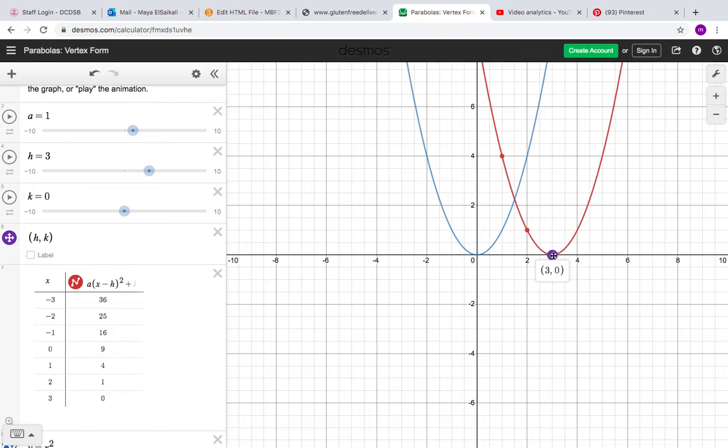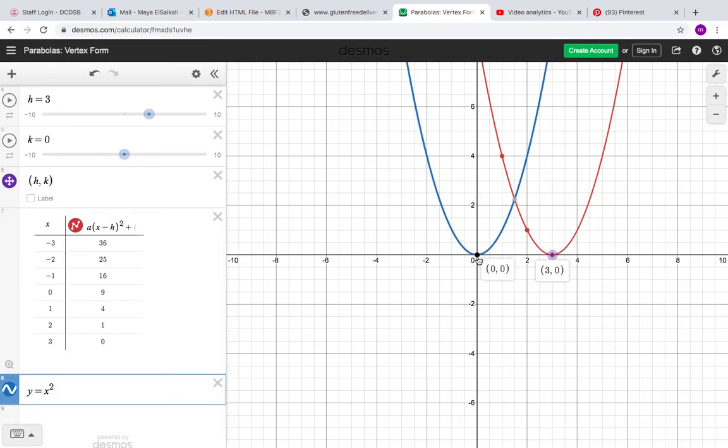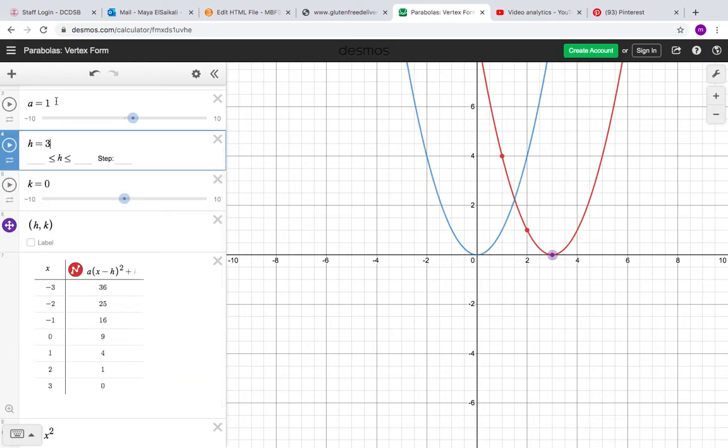That's telling me that if h is 1, 2, 3, 4, my graph is going to move to the right so many units, and my vertex is going to change from 0, 0 to whatever the h value is, 0. So the x value of the vertex is changing to whatever that h value is.